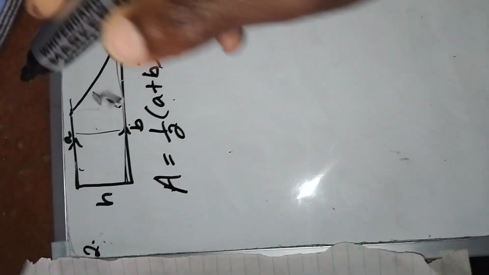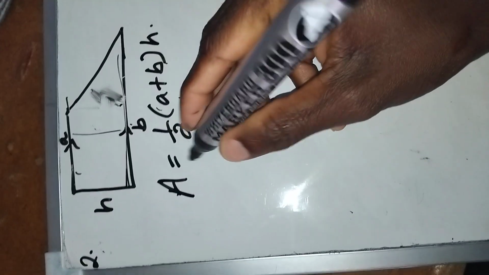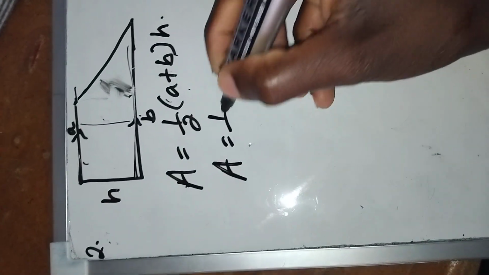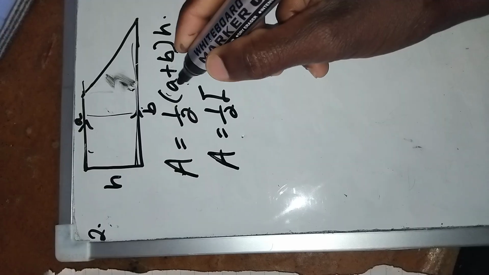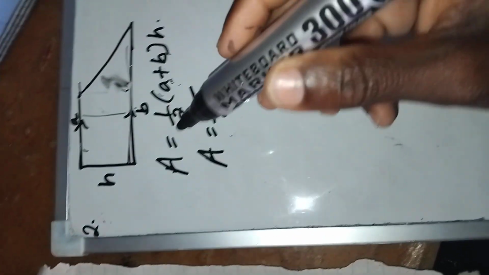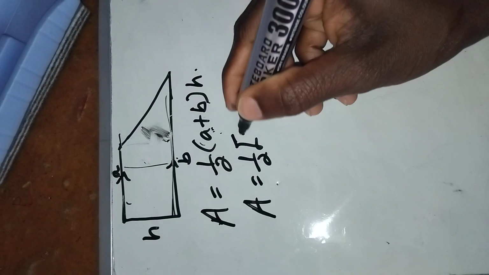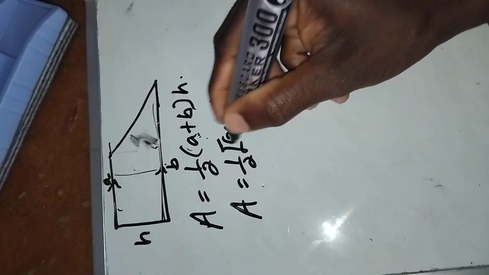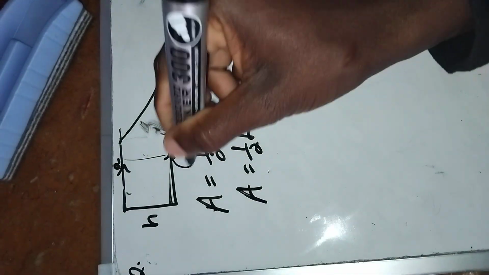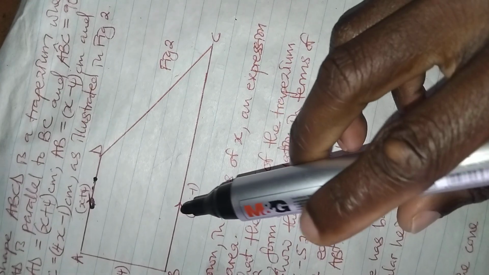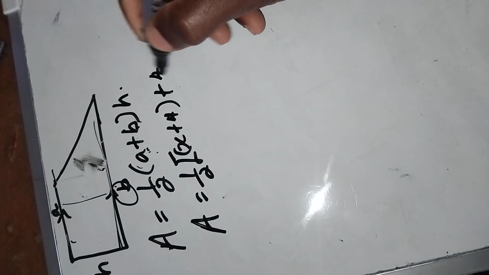So on our diagram, a is x plus 4. Then plus b is 4x minus 1.